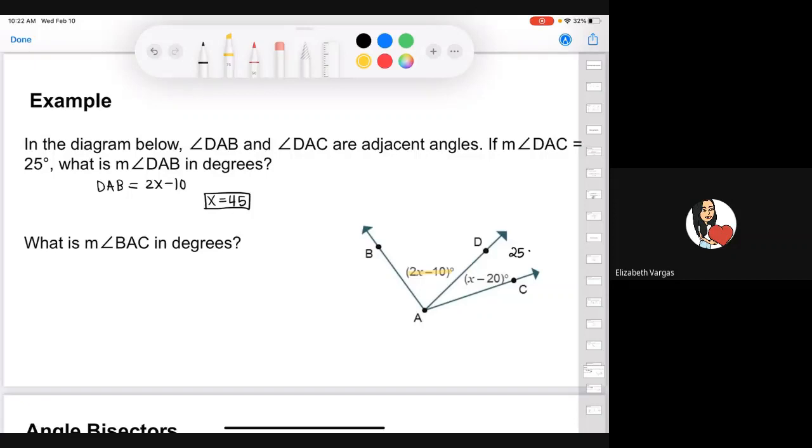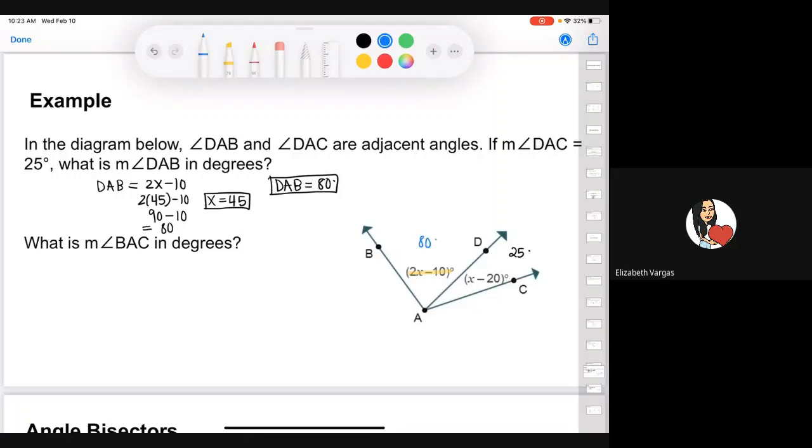And I know that x is 45, so I can plug 45 in. 2 times 45 is 90. 90 minus 10 is 80. So DAB is equal to 80 degrees. So that's how I would solve for the measure of angle DAB.